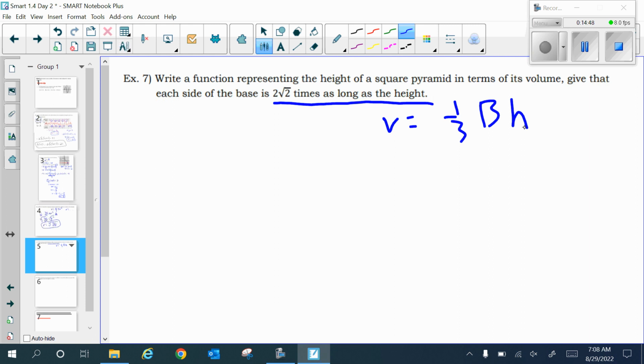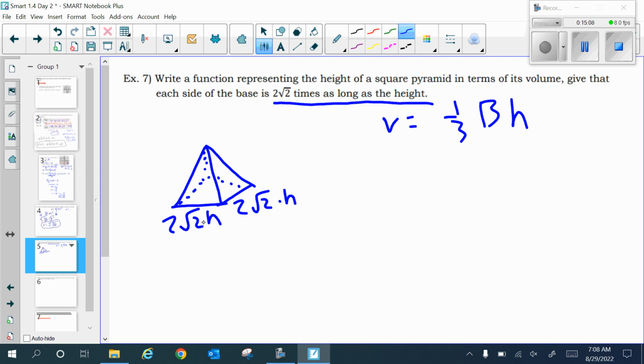A square pyramid is going to look something like this, right? And I'm told that each side of this pyramid is 2 square root 2 multiplied by the height.